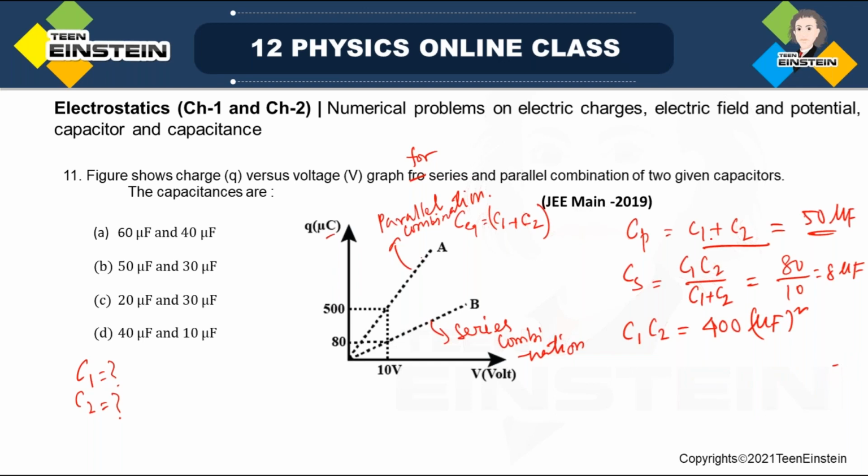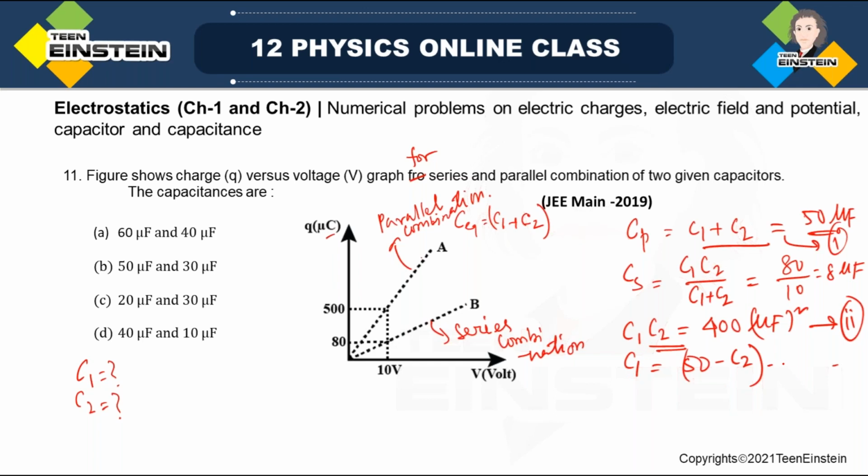we have C1 plus C2 here. See, let us write this as equation 2 and this as equation 1. Okay, so from equation 1, what we are getting? C1 is equal to 50 minus C2. Now if we multiply it here, see C1 and C2, what we are going to get?